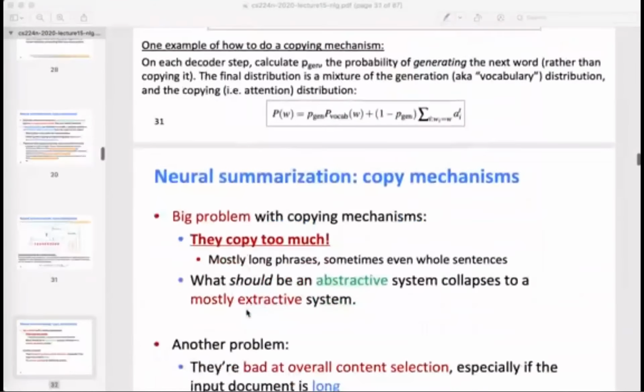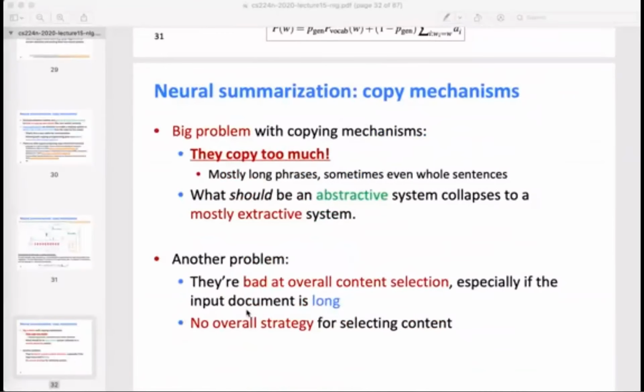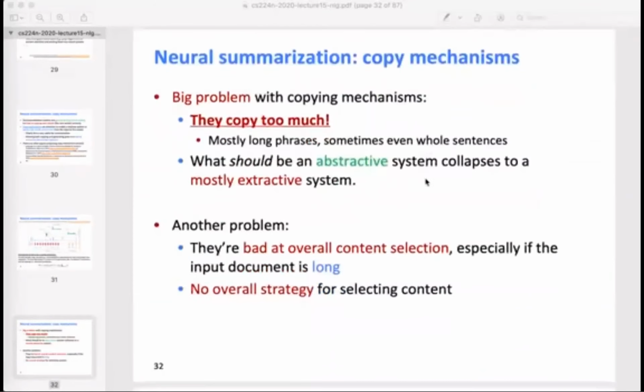But there is a big problem with copying mechanisms: they normally copy too much. They will mostly give long phrases and sometimes even whole sentences, which is not good at all. So what should be an abstractive system collapses into a mostly extractive system, which is not smart at all. Another problem is that those copying mechanisms are really bad at overall content selection, especially if the input document is long.